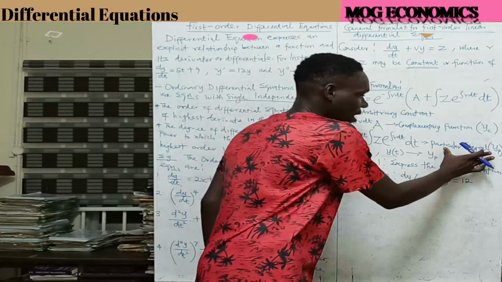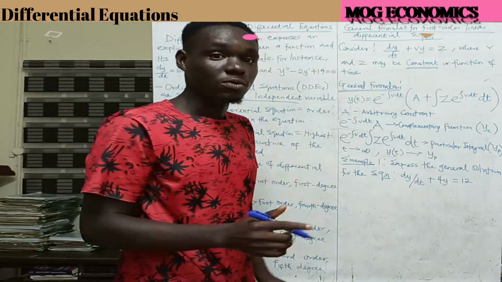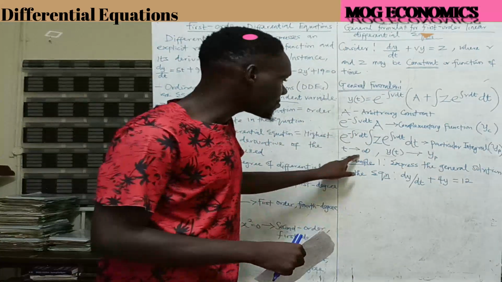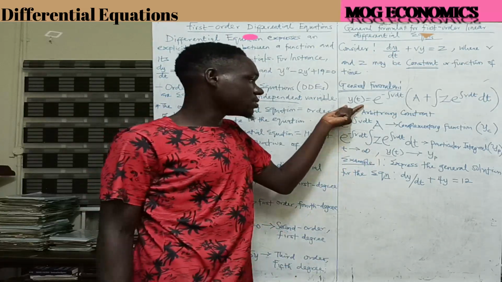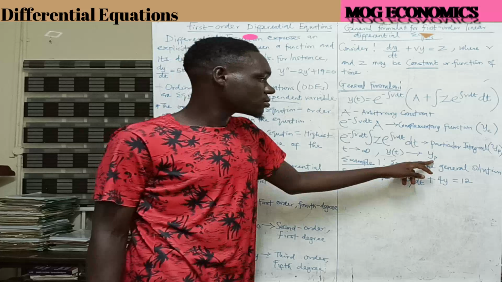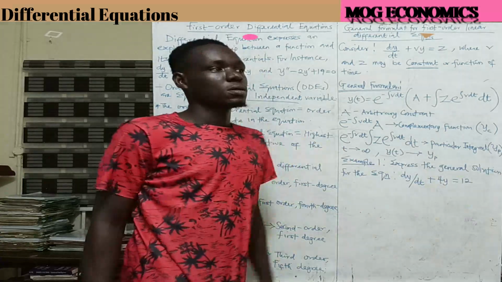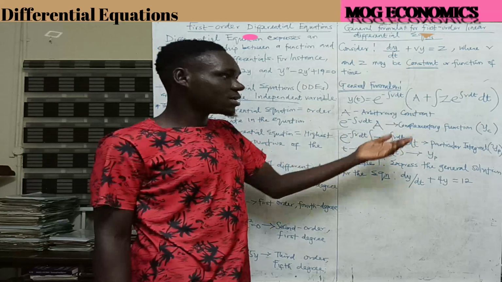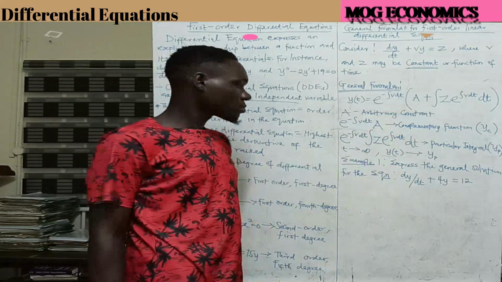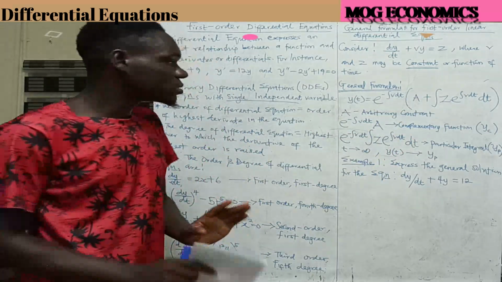This is the particular integral, which is also our intertemporal equilibrium. So as time tends towards infinity, this differential equation would tend towards the equilibrium, because this term will gradually approach zero.